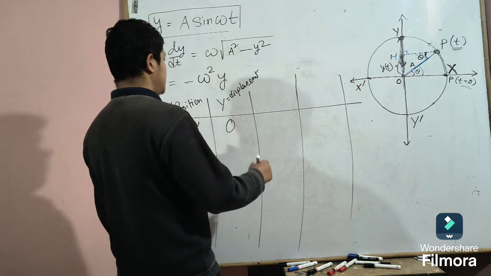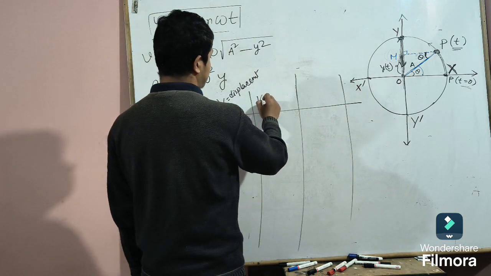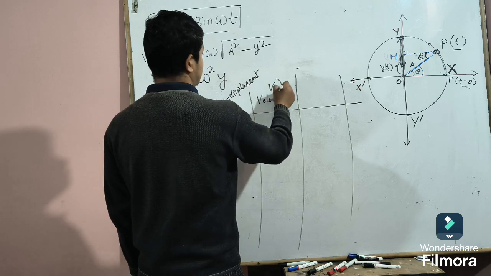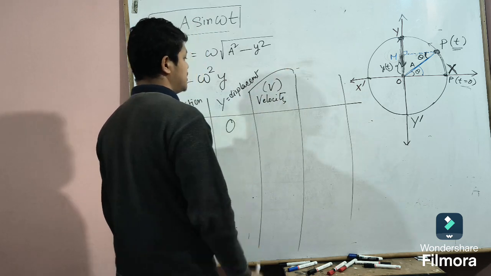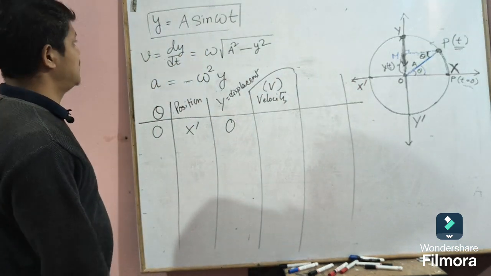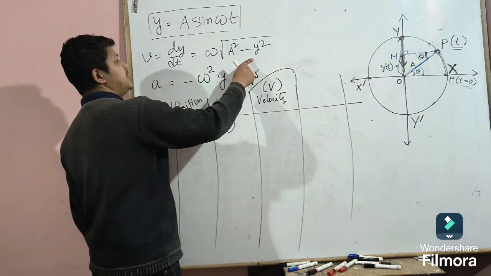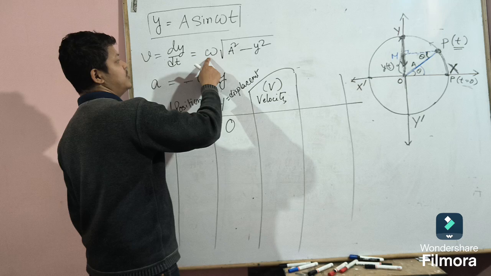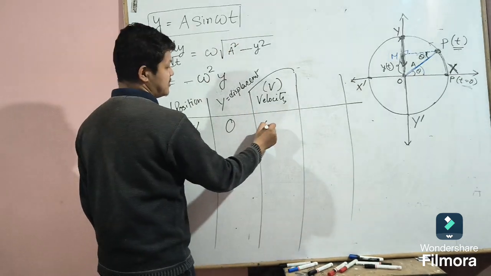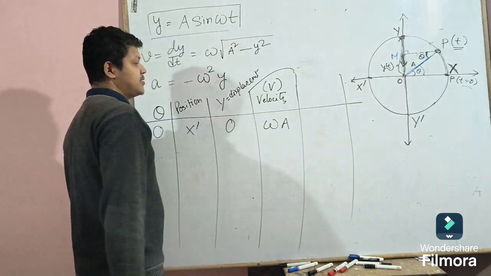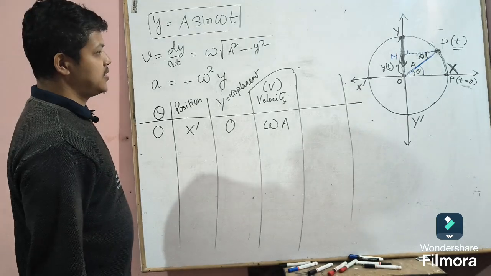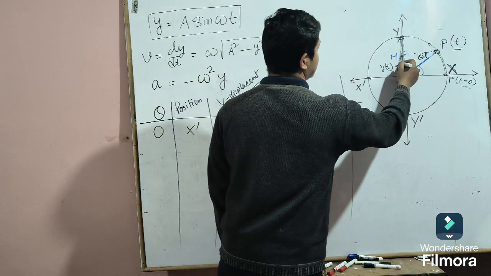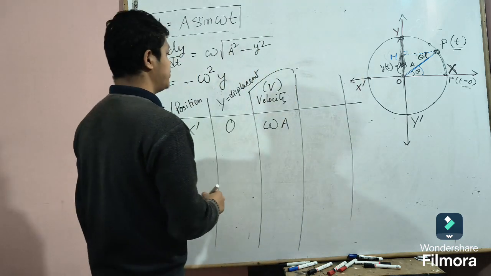And here you see velocity, that is V. In this case, when y is equal to 0, the velocity will be, if you put 0 here, omega root over a square, which means omega a. As P is moving in this direction, the velocity will be directed upward, so it will be positive.